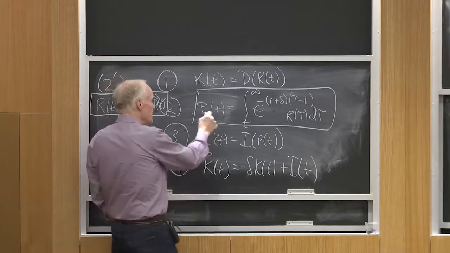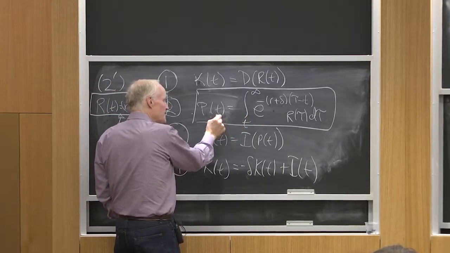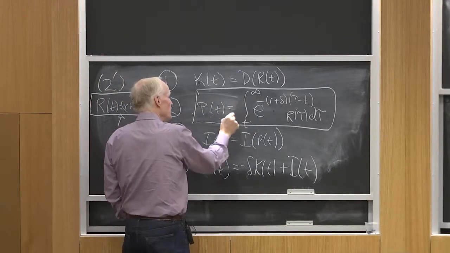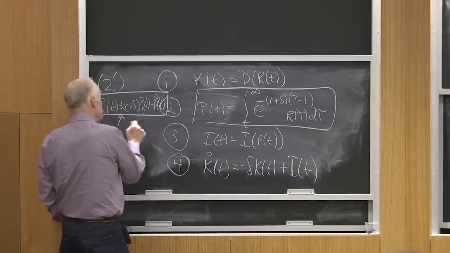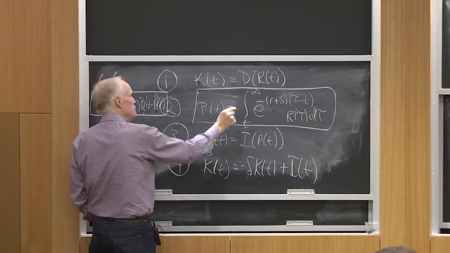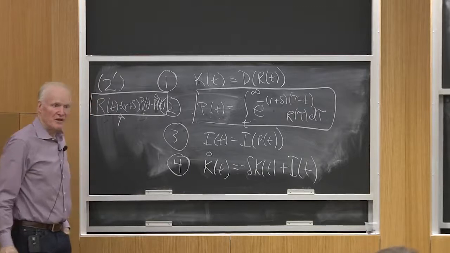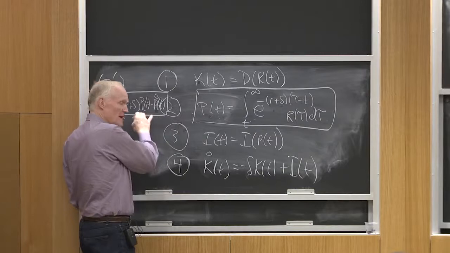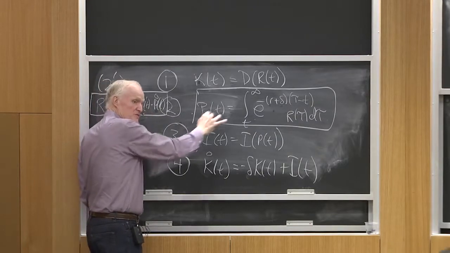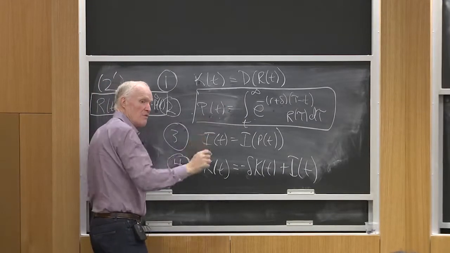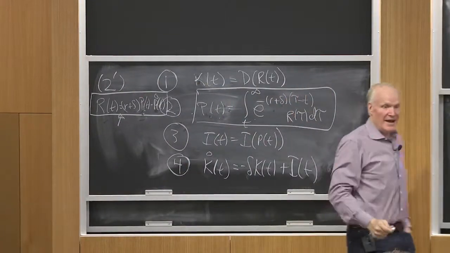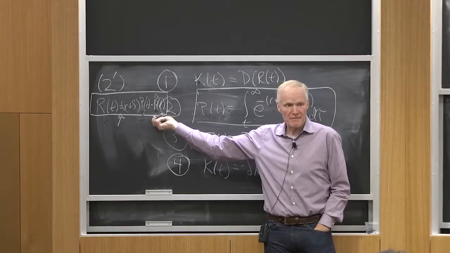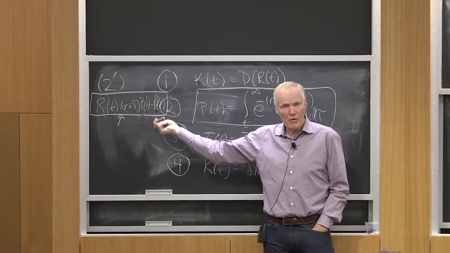So you could differentiate this with respect to t. But if I differentiate this with respect to t and say, well, this function being equal to this function is equivalent to the derivative of this function being equal to the derivative of that function, that's not true. They're not equivalent. That is, this equation implies this one, but this one doesn't tell you that one. There's a boundary. We threw away a boundary condition when we replaced 2 with 2 prime. Right? We threw away a boundary condition.